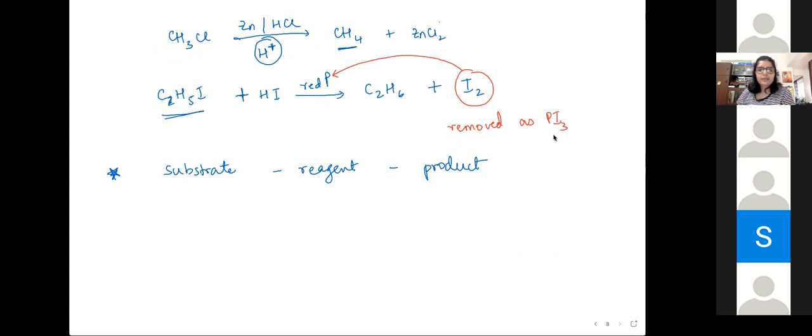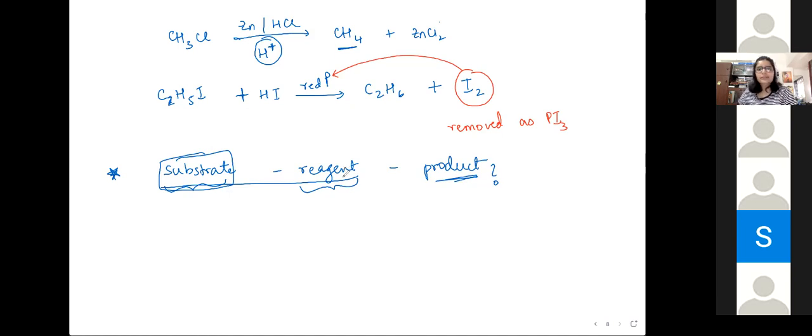And I would suggest whenever you study reactions in any organic chemistry chapter, study it in this way. For a specific substrate and a reagent, what sort of product are you going to get? Because the questions you'll be asked for reactions is either you'll be given these two and then asked for the product, or you'll be given the substrate and asked, if we want to produce an alkane from this, then what reagent is suitable?